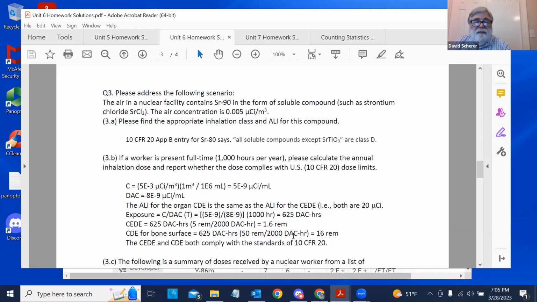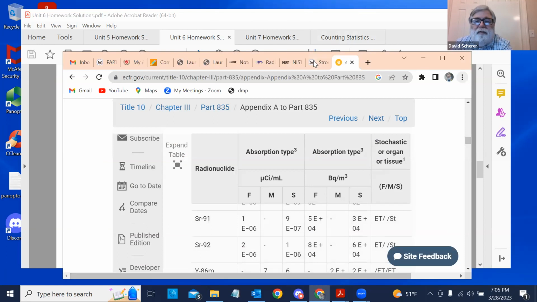It's interesting that when people calculated it by figuring out what the ALI is, multiplying by the breathing rate and all that, they ended up with 1.5 rem effective dose equivalent, or 15 rem to the body. That has to do with rounding errors. Notice that these DACs and ALIs are only presented to one significant figure.